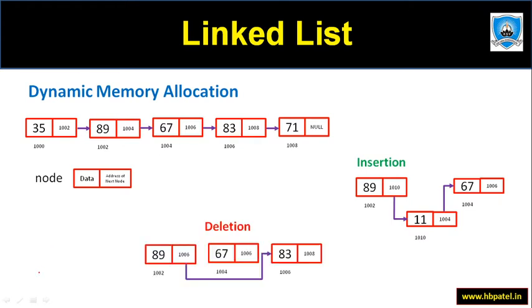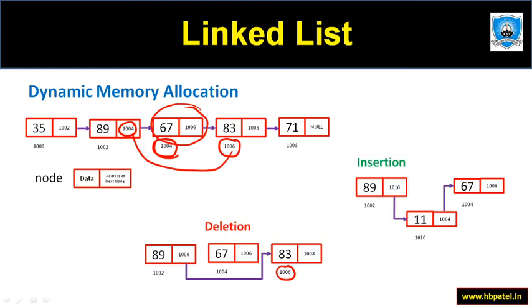And let's talk about deletion also. Supposing I wish to delete 67. Earlier 89 was pointing to 67, because 89 had the address of 67 in it. So rather than that, you can simply put the address of 83 over here. The address of 83 is 1006.